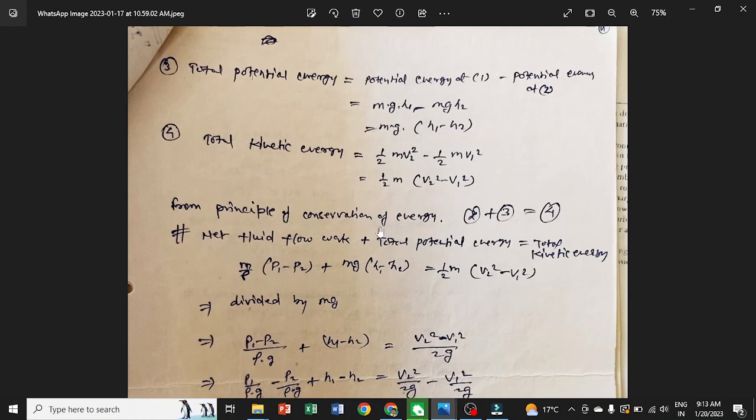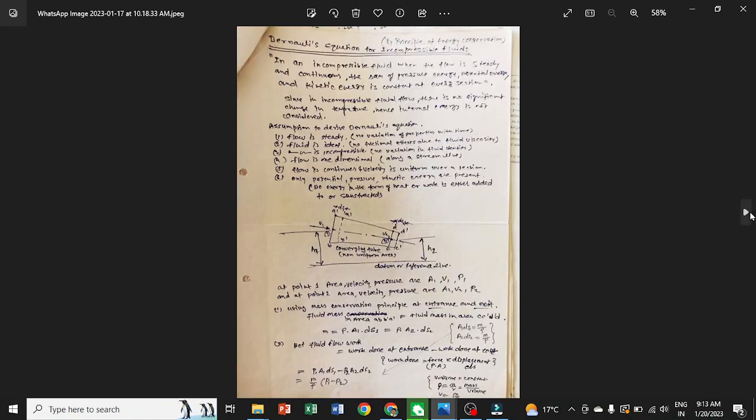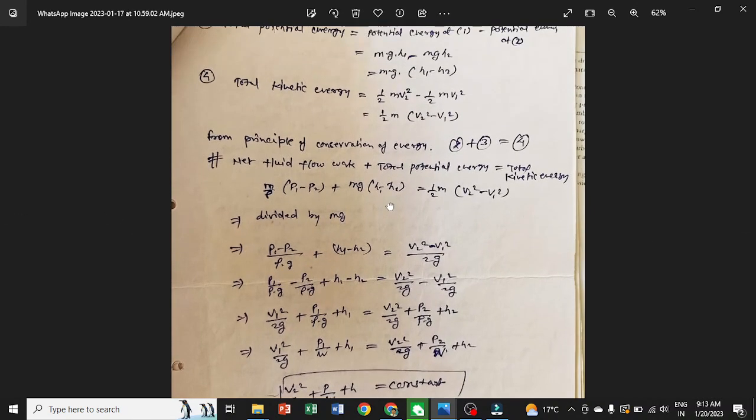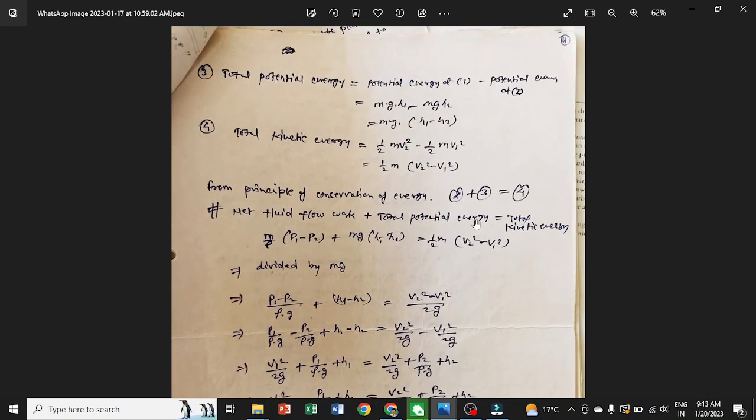From the principle of conservation of energy, we will put 2 plus 3 equal to 4. What was 2? 2 was work done. And what is 3? 3 is potential energy. So work done plus potential energy equals the kinetic energy.